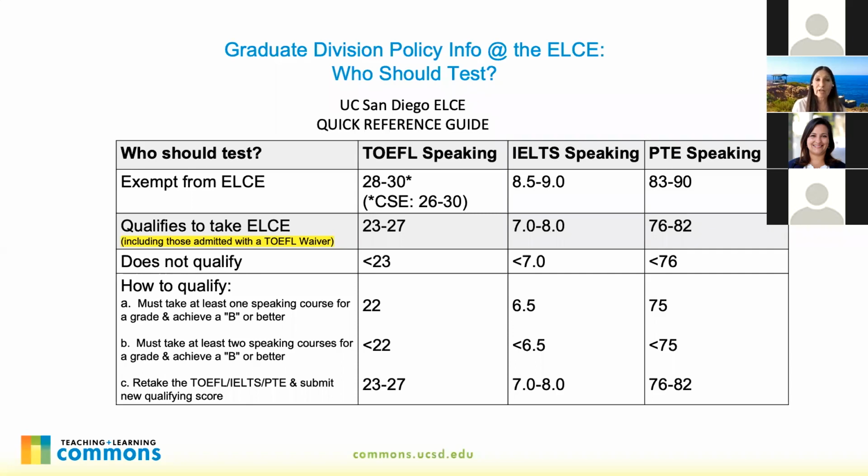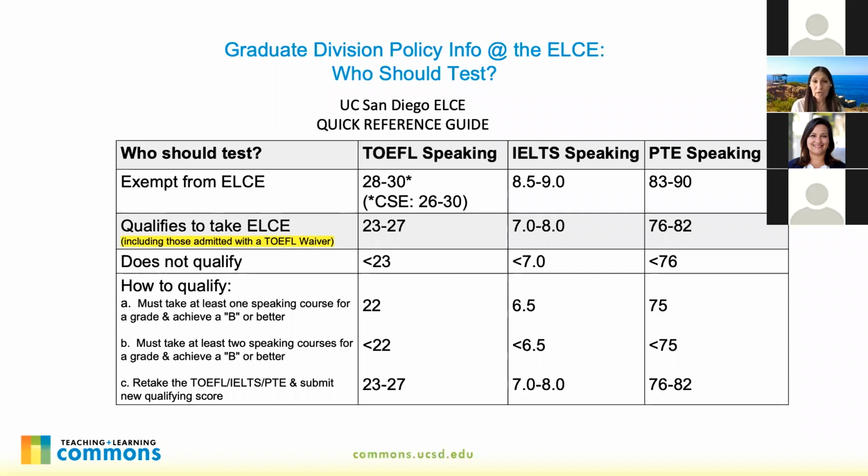Those who qualify to take the English Language Certification Exam, including those who were admitted with a TOEFL waiver: if you have a 23 to 27, a 7 to an 8, or a 76 to an 82 on any of those tests, you qualify to take the ELCE, okay?